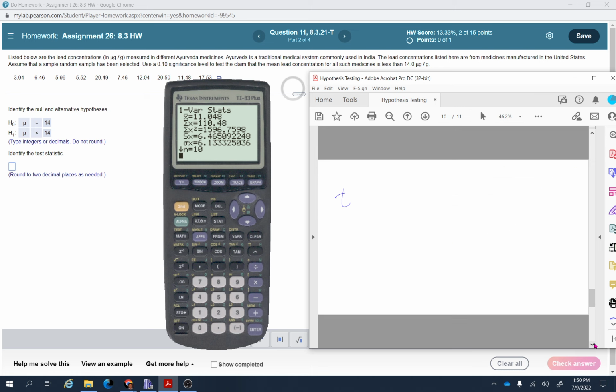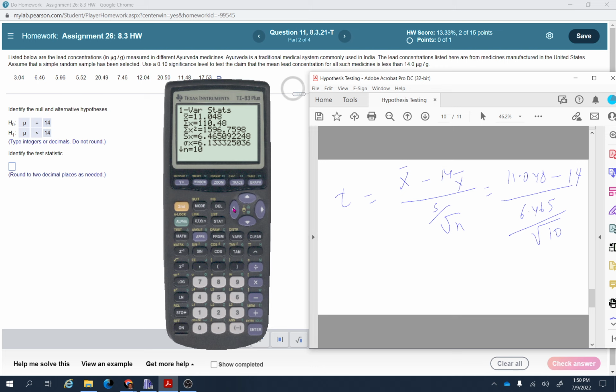It is the sample mean minus the population mean, divided by the sample standard deviation over the square root of n. In our case, the sample mean is 11.048, minus the population mean, which is 40. You always take this one as the population mean, divided by the sample standard deviation, 6.465, divided by the square root of n, which in our case is the square root of 10. Make sense?